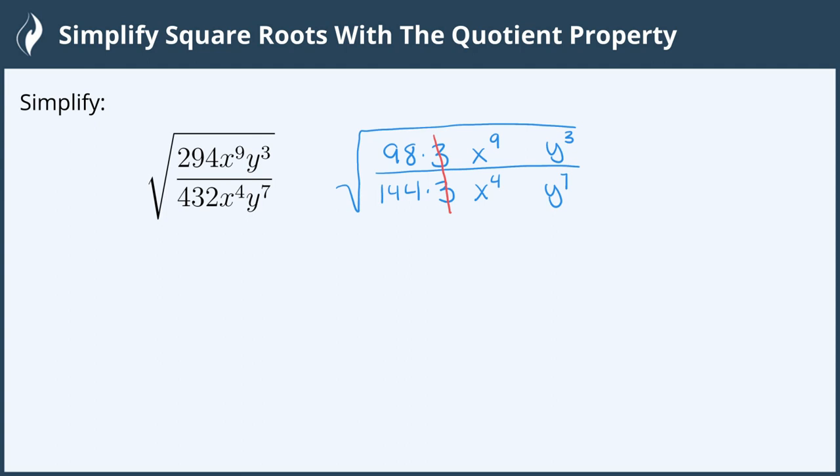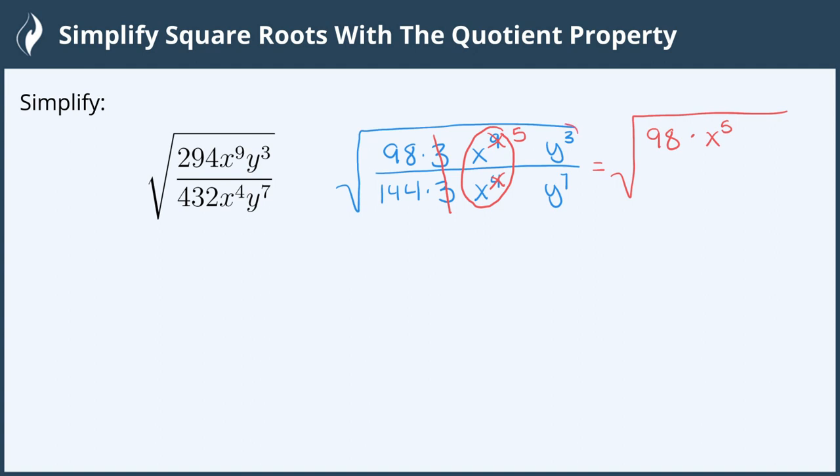Now let's go ahead and work on the variables here. We have 9 x's in the numerator and 4 x's in the denominator, which would cancel out 4 of those, leaving 5 in the numerator. So let's rewrite this over here where we have the square root of 98, and we now have 5 x's in the numerator, no more in the denominator.